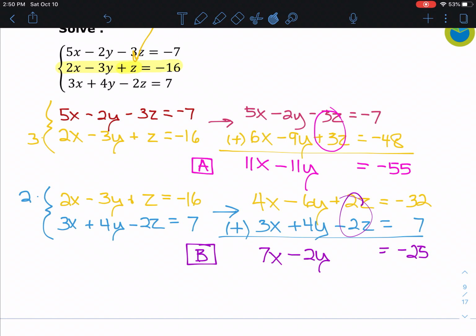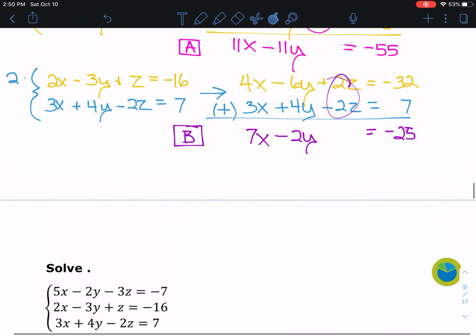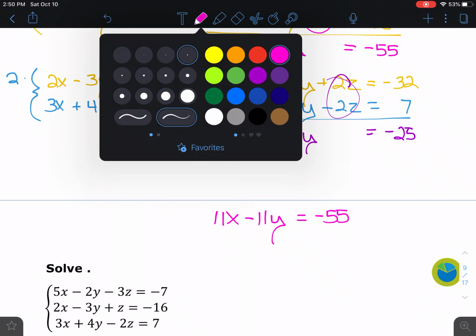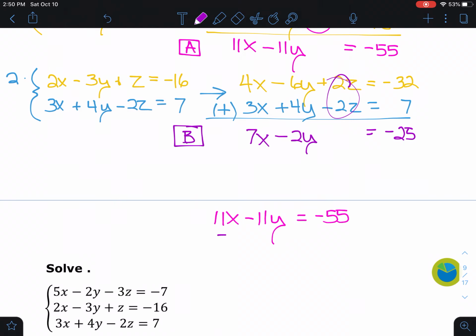So I'm going to go down to here, and I'm going to write equation A and equation B. Now we are going to eliminate yet another variable. So I think I'm going to eliminate y. Looks like a little bit easier.